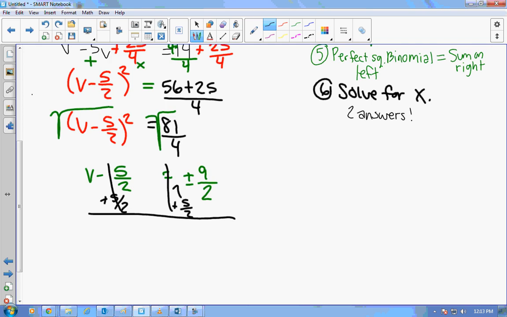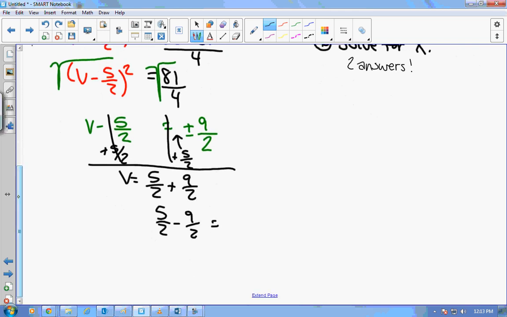Yeah, this needs to go in front of the plus and minus. So I get 2 things. 5 halves plus 9 halves, and 5 halves minus 9 halves, which actually comes out nicely. And they already have a common denominator, which is wonderful. If they have a common denominator, you can just add the tops together.